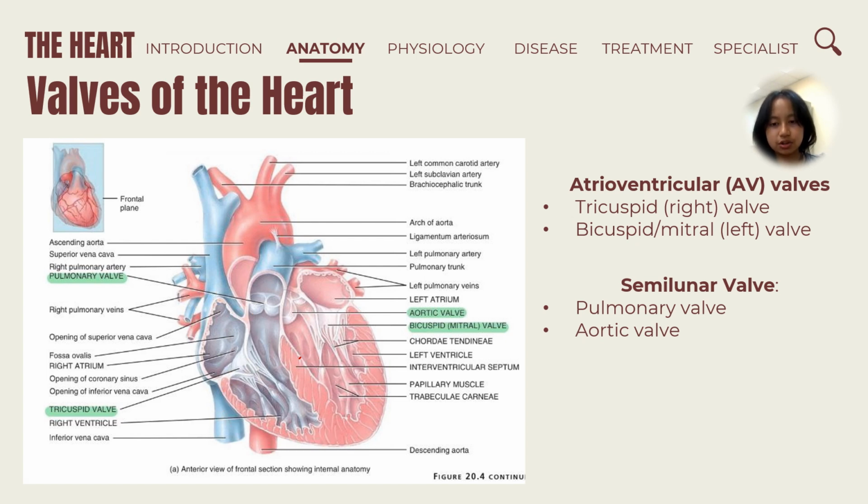For the atrioventricular valves, on the left side we have the bicuspid or mitral valve, and on the right side we have the tricuspid valve. For the semilunar valves, on the right side we have the pulmonary valve, and on the left side we have the aortic valve.